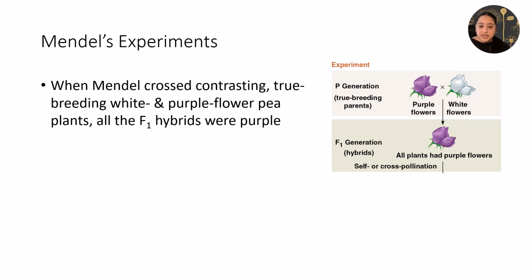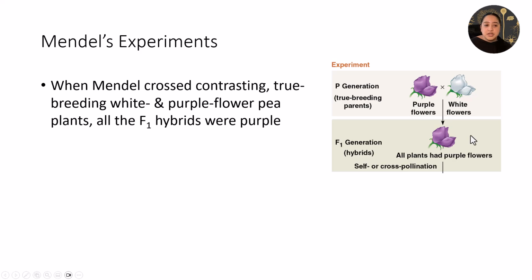And so here's a figure of that. If in the P generation, he crossed purple flowers with white flowers, in the F1 generation of hybrids, he saw that all the plants had purple flowers, and he was like, oh, that's interesting. It's almost like the white disappeared. Where did that go?